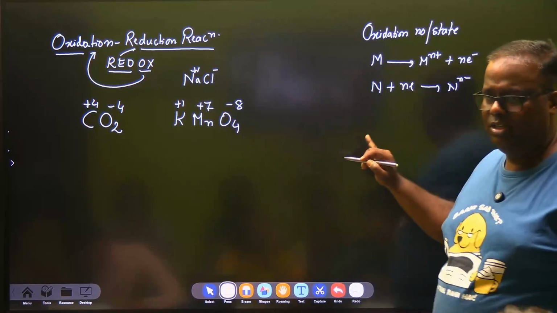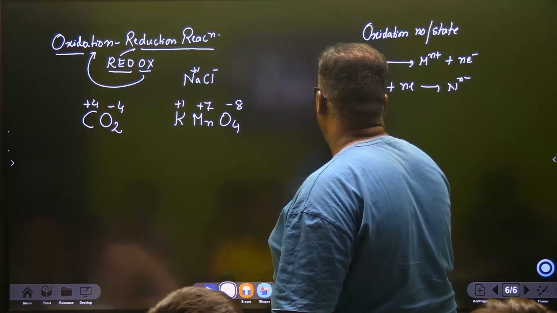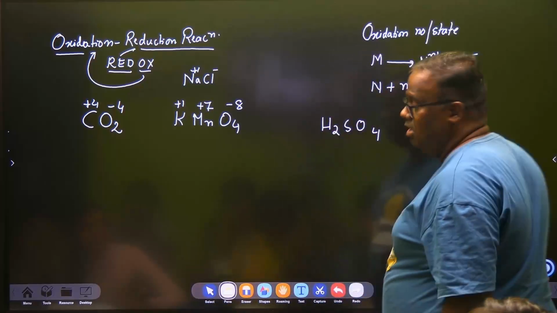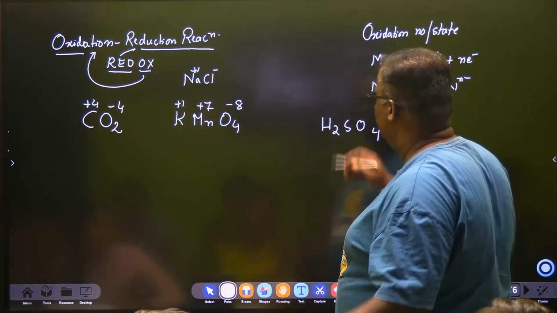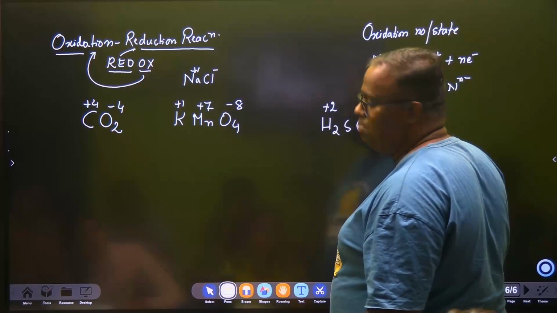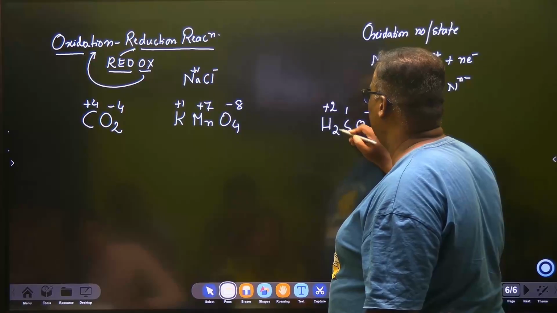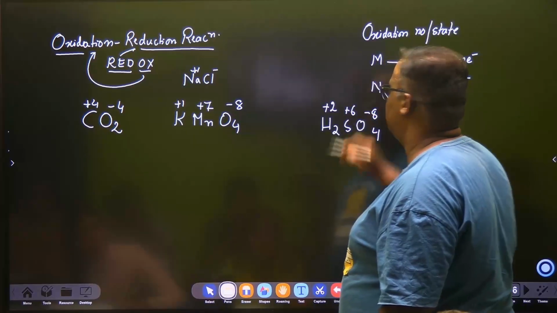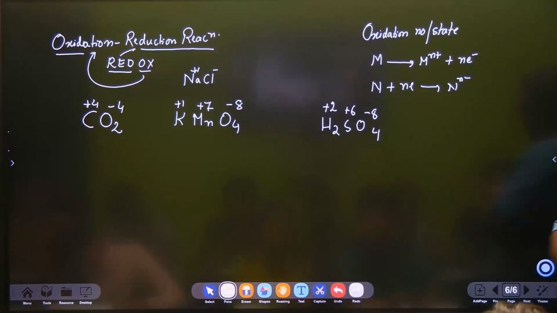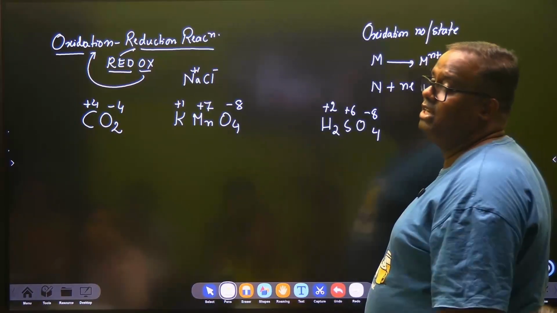Clear so far? Let's take sulfuric acid, H2SO4. Hydrogen is +1, so we are getting +2 from hydrogen. Oxygen is -2, so we are getting -8. So sulfur must be coming here with how much? +6. Understood? That does not mean sulfur's oxidation state is always +6.